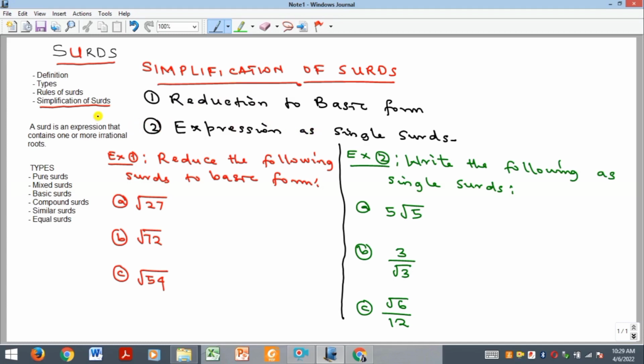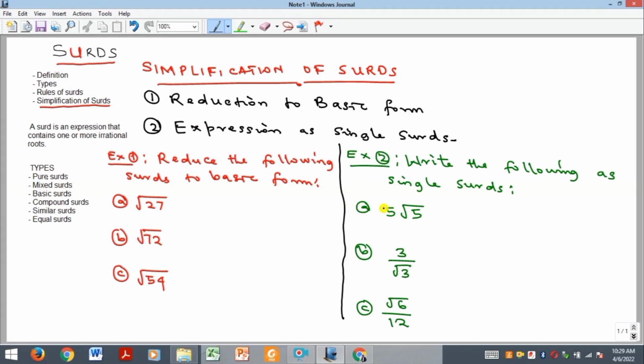We have discussed basic surds here, so you should already know what a basic surd is, meaning the surd that will be given to you will probably be a complex or compound surd, and you are required to reduce it to the basic form. That's the simplest form. The second part is expressing a surd as a single surd. That's the opposite direction. Maybe the surd is already in a basic form and it has a coefficient, and you are required to change it into a single surd.